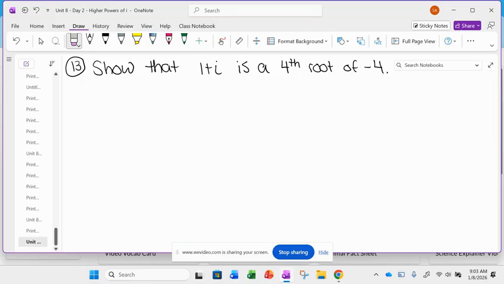It means that if I take 1 plus i and raise it to the fourth power, what should that equal? Negative 4. Or if I take the fourth root of negative 4, one of its roots should be 1 plus i. So what we're going to do is we need to show that 1 plus i to the fourth power is equal to negative 4.